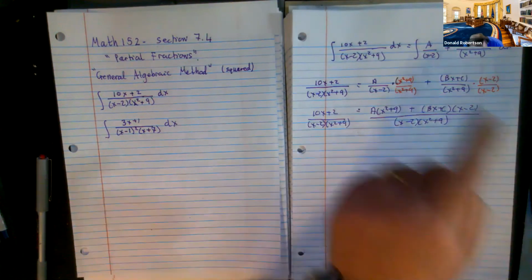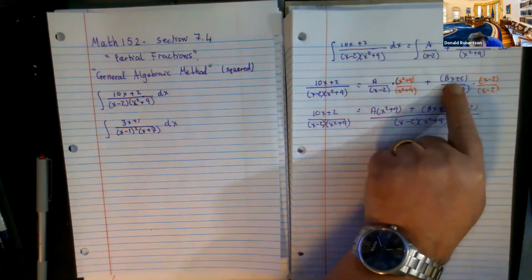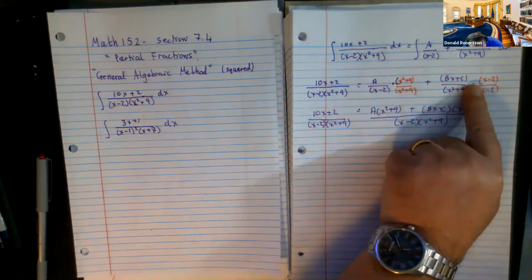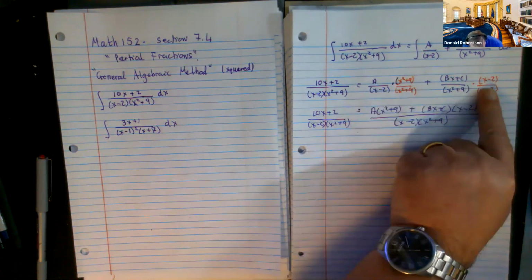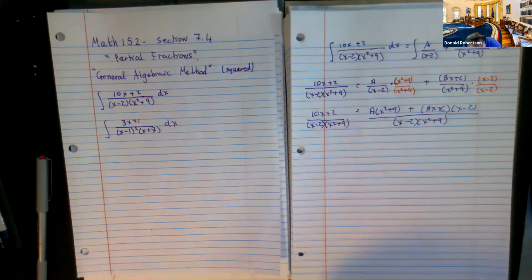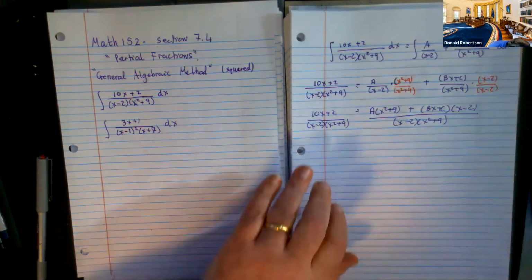You take the original and you break it into its two partial fractions, these fellas. You then put these two fractions back together again by multiplying by some special versions of one, and now you're looking at that. So superficially, you might say that was a lot of work to do nothing, because we're no closer to getting the values of A, B, and C than we were when we wrote them up here. But you have to bear with me.